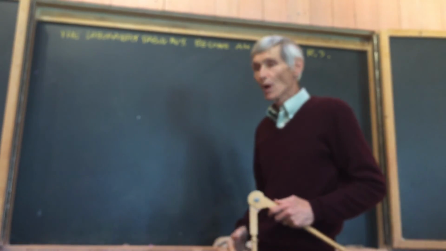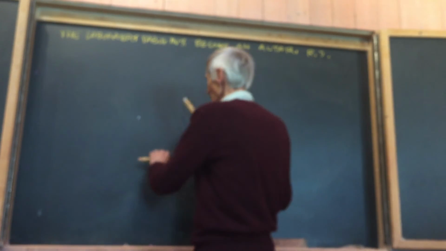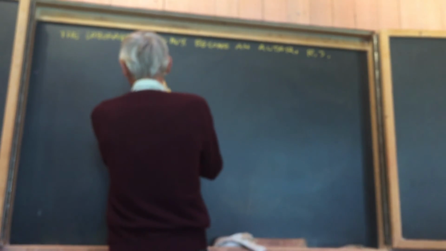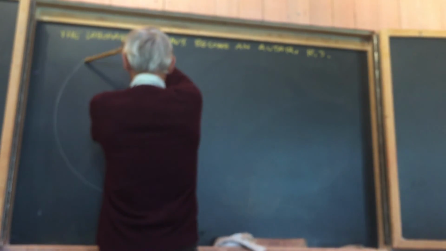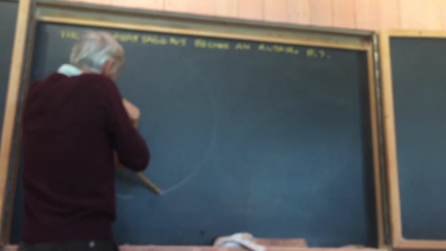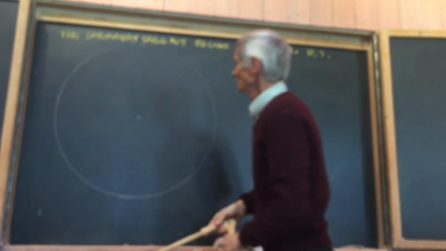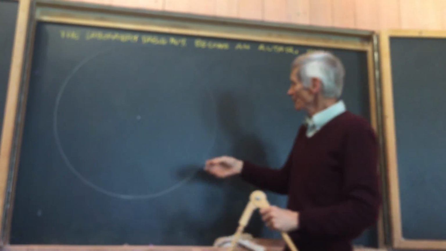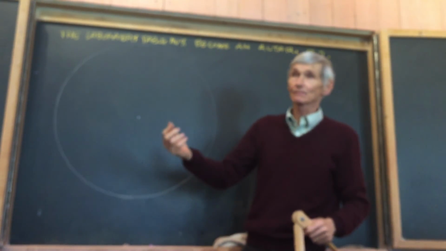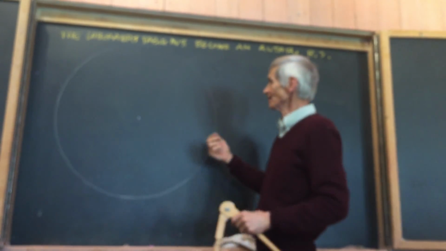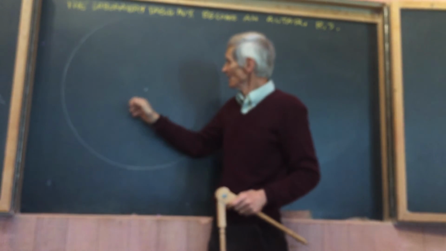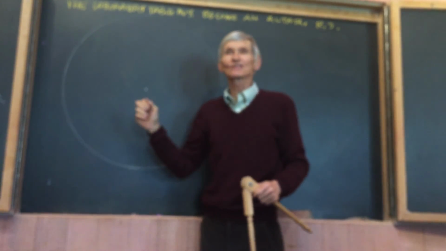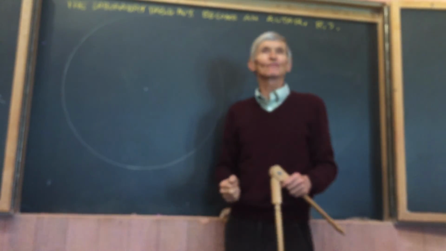I start with a point, and around the point, I'm going to create a circle. Now, the circle is designated as a line, a curve, that is equidistant from the center. Every point in it is equidistant from the center.